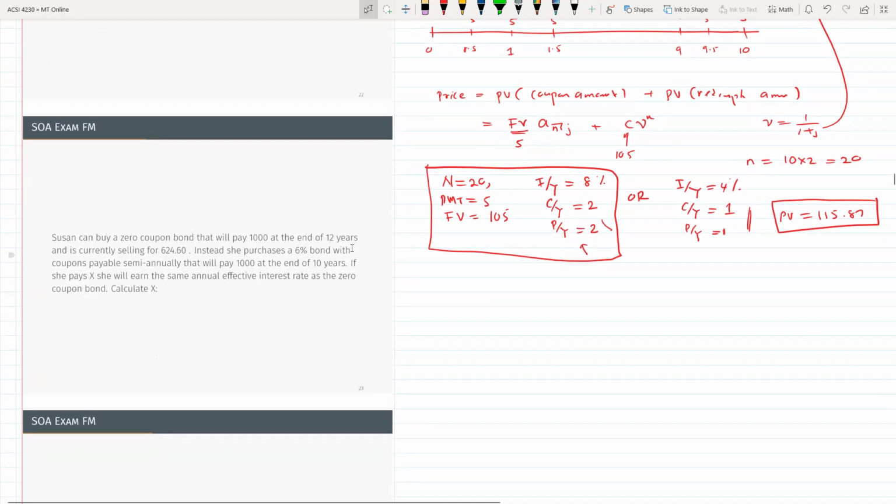Okay, so the second question is from exam FM. This one shows you what kind of question you are going to see in exam FM. Susan can buy a zero coupon bond. Now remember, zero coupon means you don't get any coupon, so no coupon, only the redemption amount.